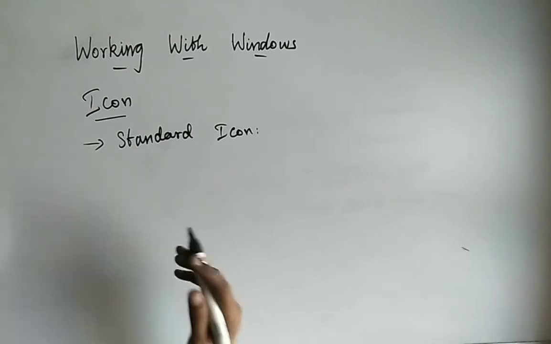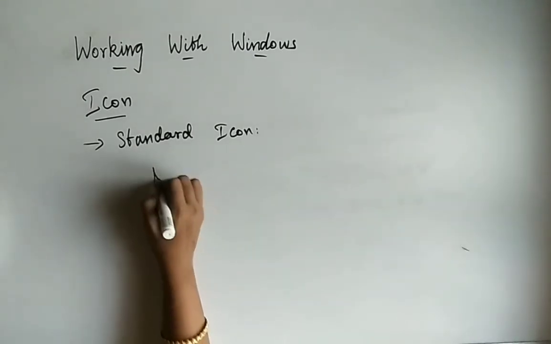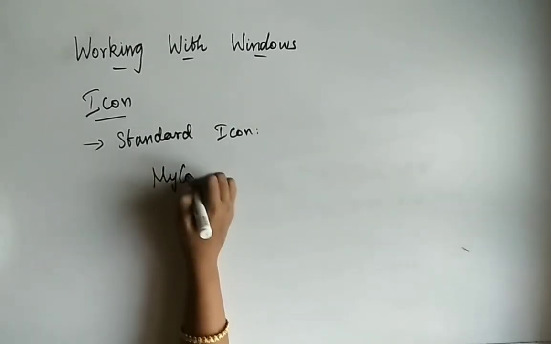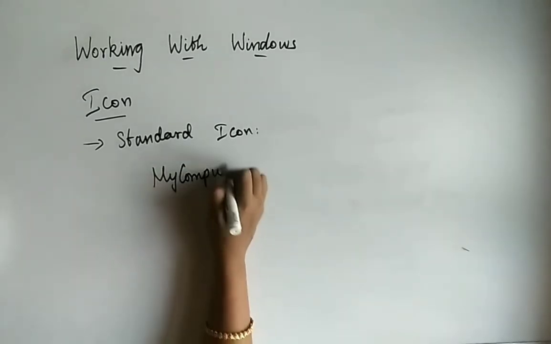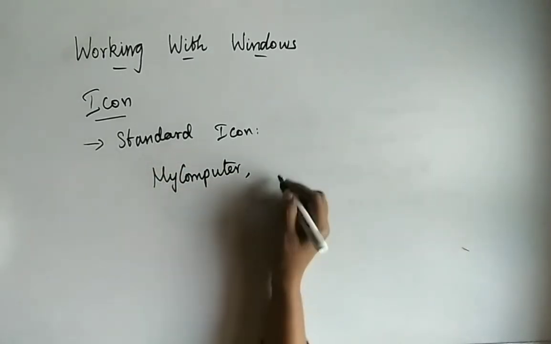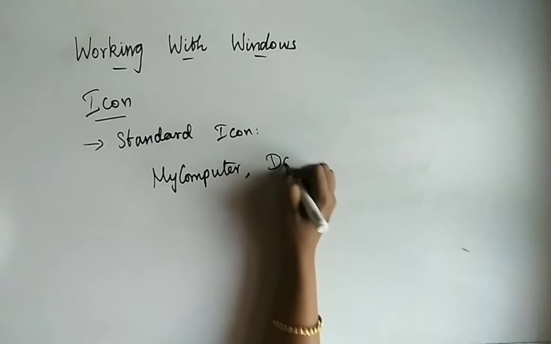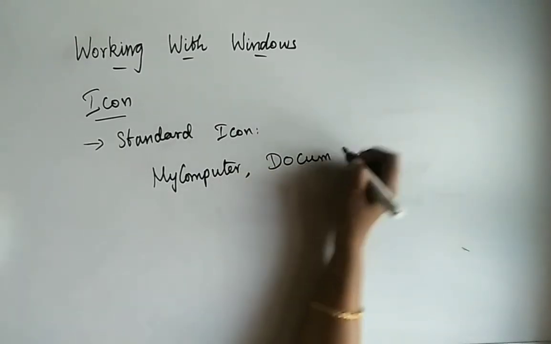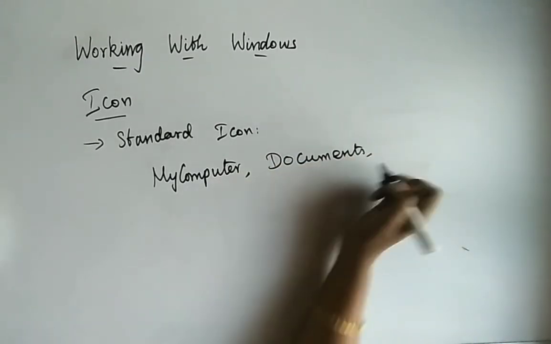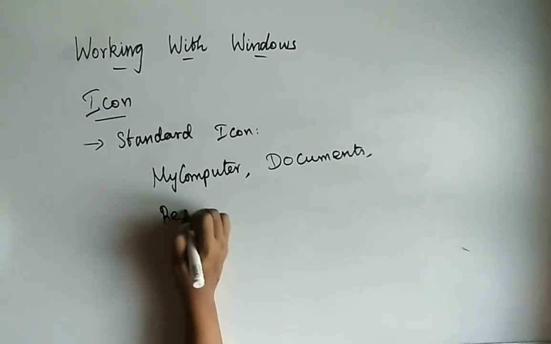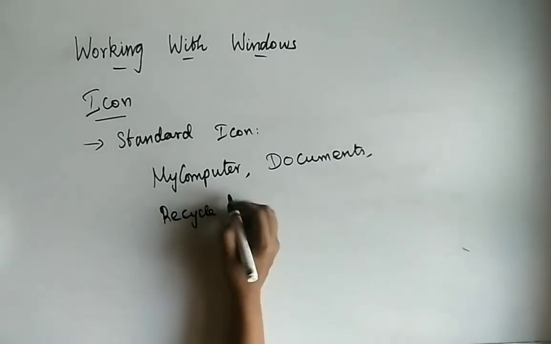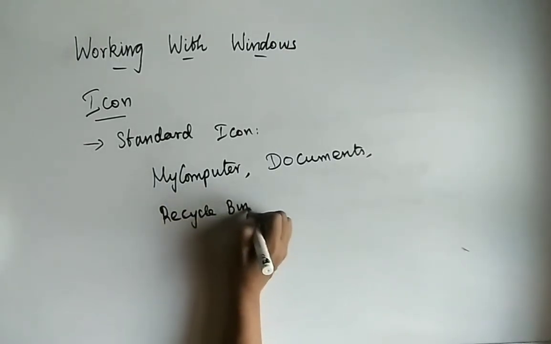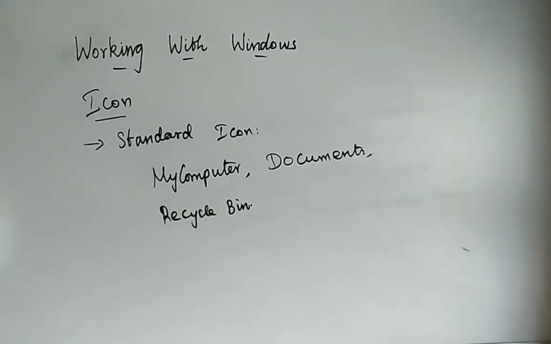A few examples: first, the My Computer icon. Next, Documents, and next, the Recycle Bin. So these are the icons that are standard and will be displayed automatically on the desktop for you.